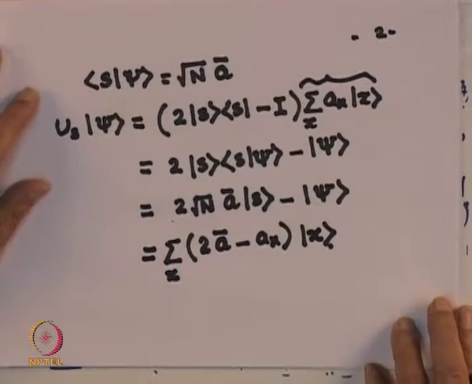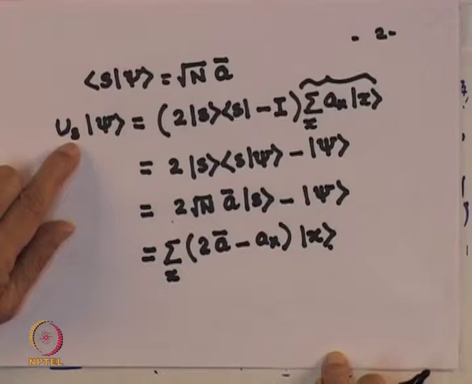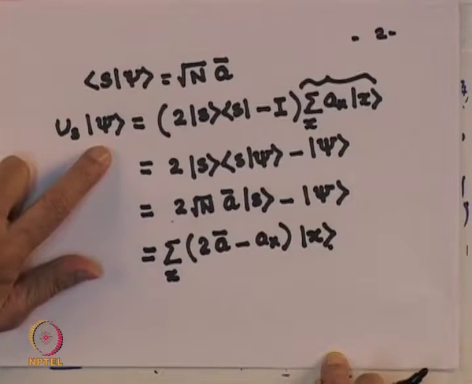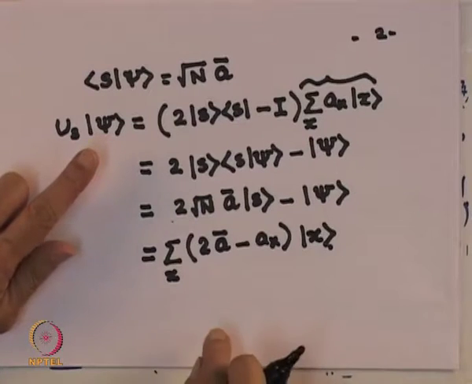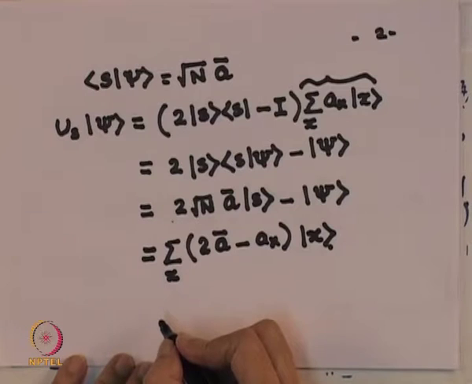So notice what is the interpretation of the application of Us on an arbitrary state psi. Before application of Us, my amplitude of x in my state psi was Ax.